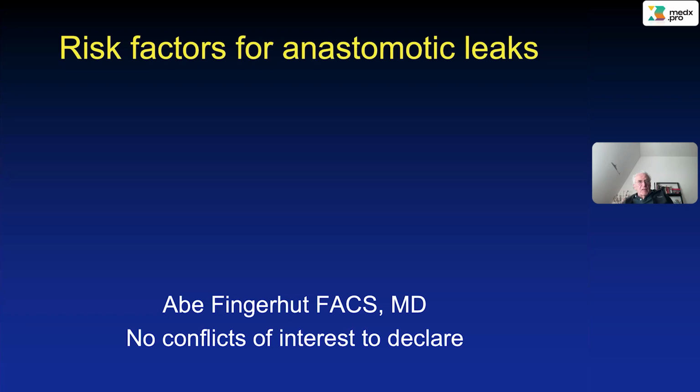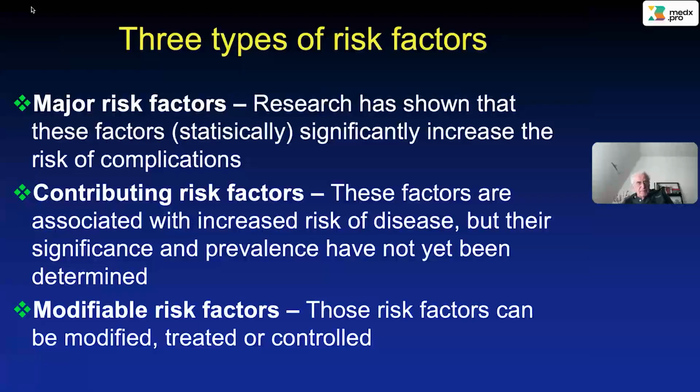So what are the risk factors for anastomotic leaks? Three types: major, contributing, or modifiable. And they're interesting because research has shown that there are statistically significant factors that have a direct influence on the risk of complications, but there's also contributing factors that are associated with it, but their significance and prevalence have not been determined.